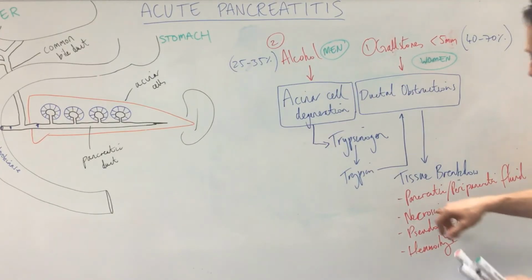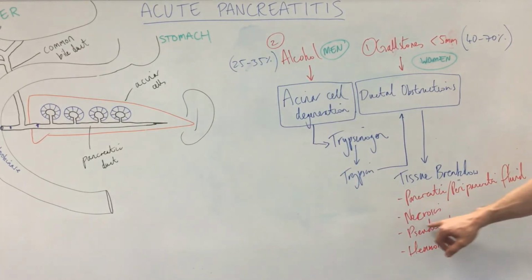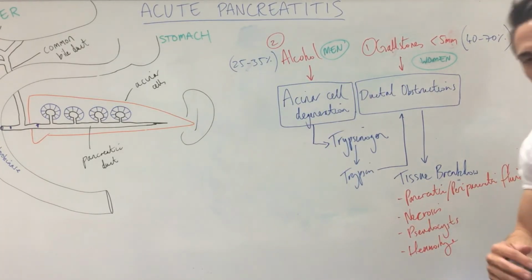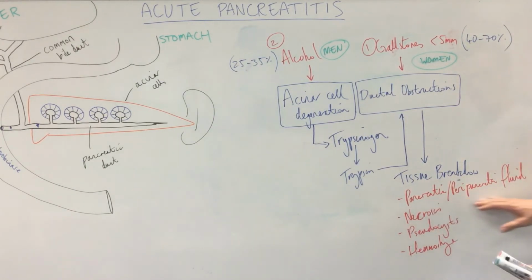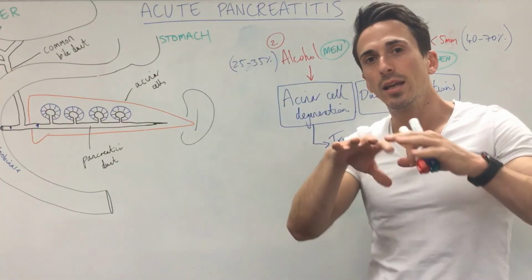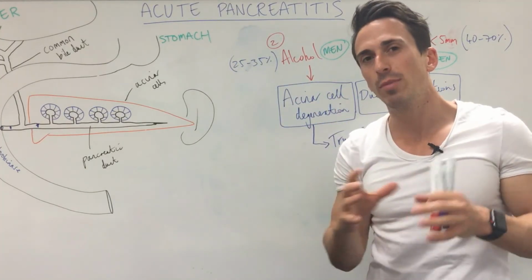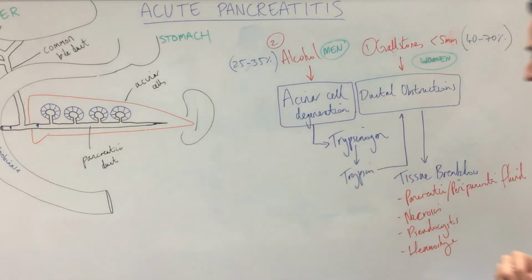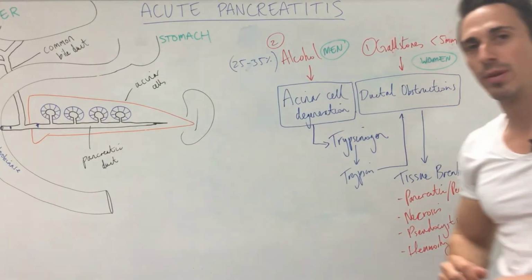All right. Pancreatic, peripancreatic, fluid accumulation, necrosis, pseudocyst, and hemorrhage. These pancreatic, peripancreatic fluid accumulations are happening near or around or within the pancreatic tissue itself and can be observed by radiological imaging.